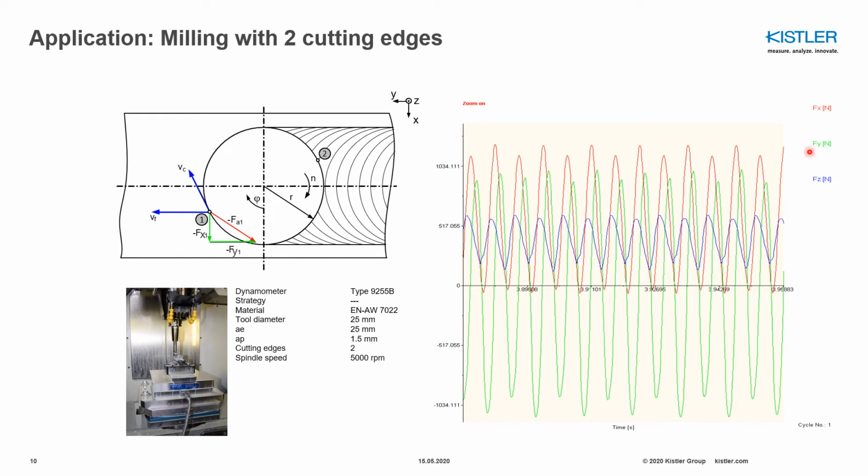Then if you look at the force component in the y direction, it has both negative and positive values, and that is because when the insert starts engagement, as you can see, the y force component is in one direction, and after 90 degrees, when it passes up here until 180 degrees, the force component direction will be changing. That's why you have positive and negative values in the y component.